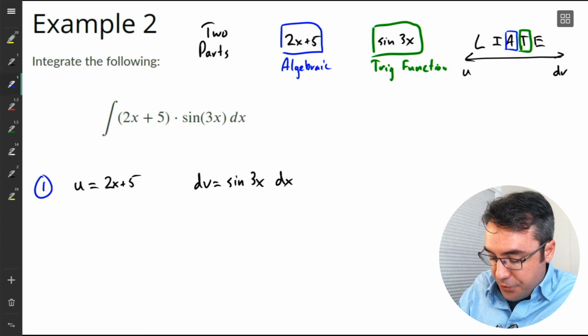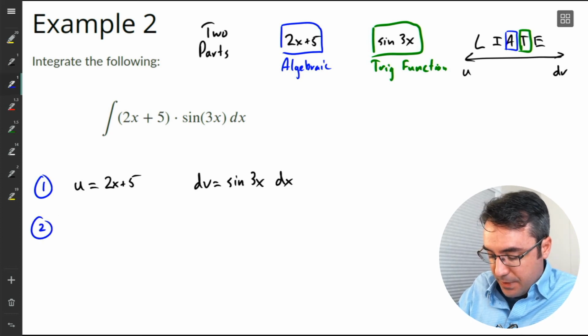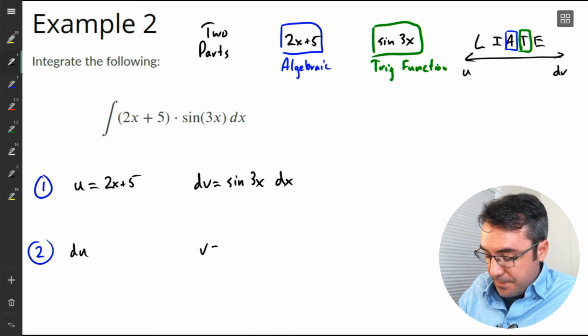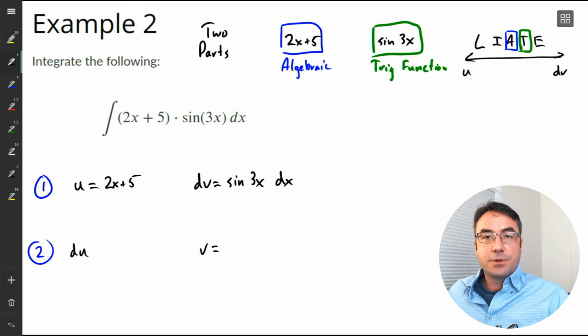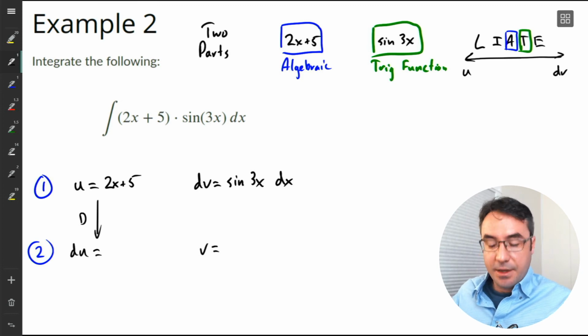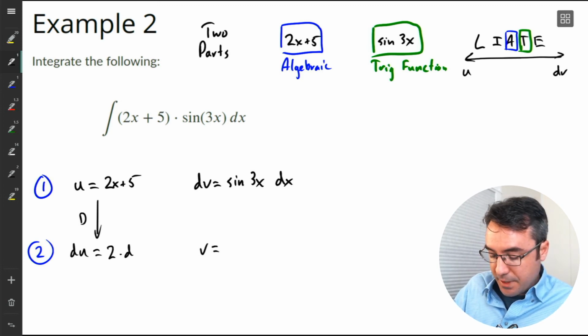All right, now step 2. We're going to calculate du and calculate v. We're starting with u. u is equal to 2x plus 5. To get du, we're going to differentiate. So the derivative of 2x plus 5 is 2, and then we multiply by dx.